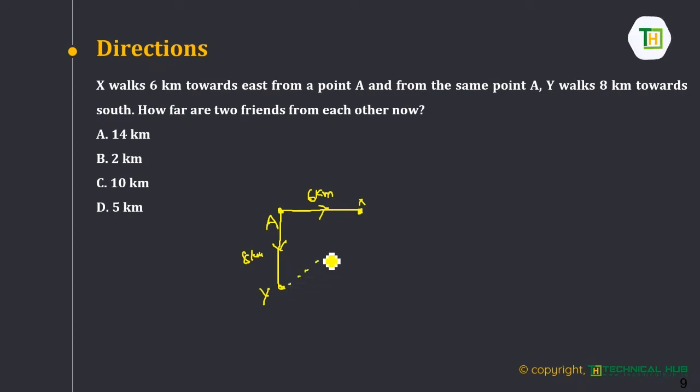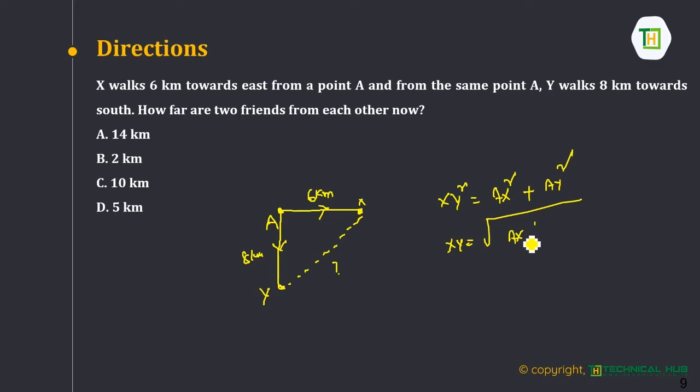If you observe this, this is a right angle triangle, so we use the Pythagoras theorem. Hypotenuse squared equals side squared plus side squared. So XY squared equals AX squared plus AY squared. XY equals the square root of AX squared plus AY squared.